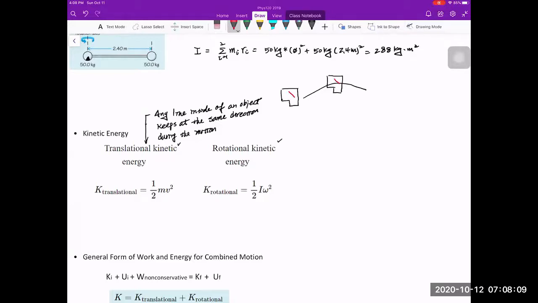Rotation is very similar, it is 1/2 I omega squared. Now, how do we get this equation? Well, if you look at these two, it is really coming from a relationship between v and omega.